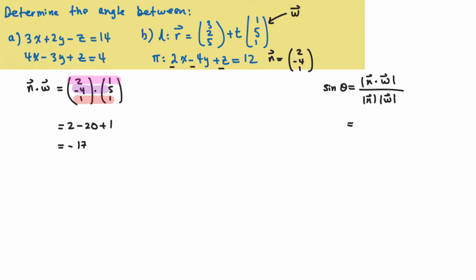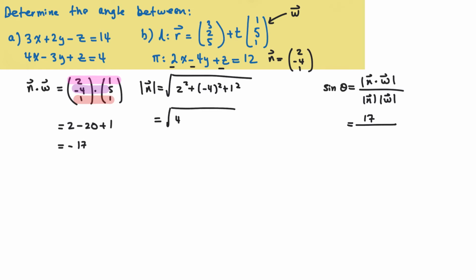Since we want the acute angle, we're going to take the absolute value or the magnitude of -17, which is +17. Now we need the magnitude of the normal vector. That is going to be the root of 2 squared, which is 4, -4 squared, which is 16, and 1 squared, which is 1. 16 plus 4 is 20, plus 1 is 21.